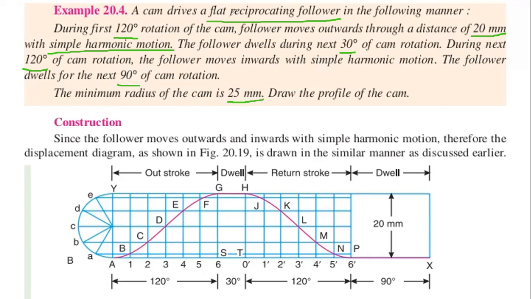In the flat faced follower, only the minimum radius of the cam is given. The length of the flat faced follower is not given in the problem, because the notation is given only for the roller follower. That is why they have given only the camshaft diameter.